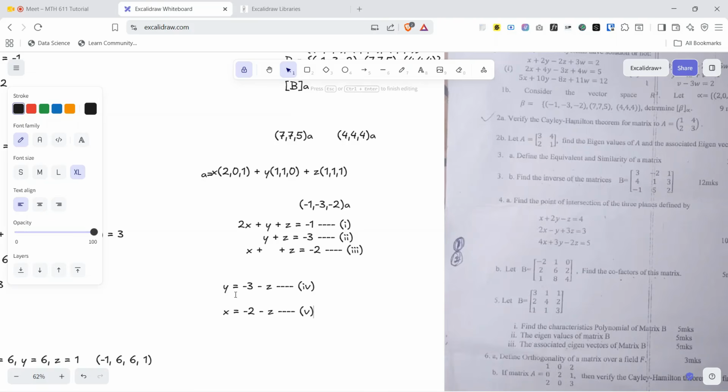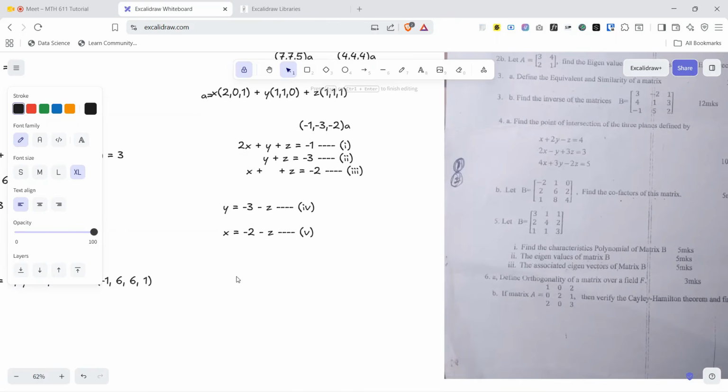Since I know my x and I know my y here, I will now plug this into equation 1 in order to be able to get z.